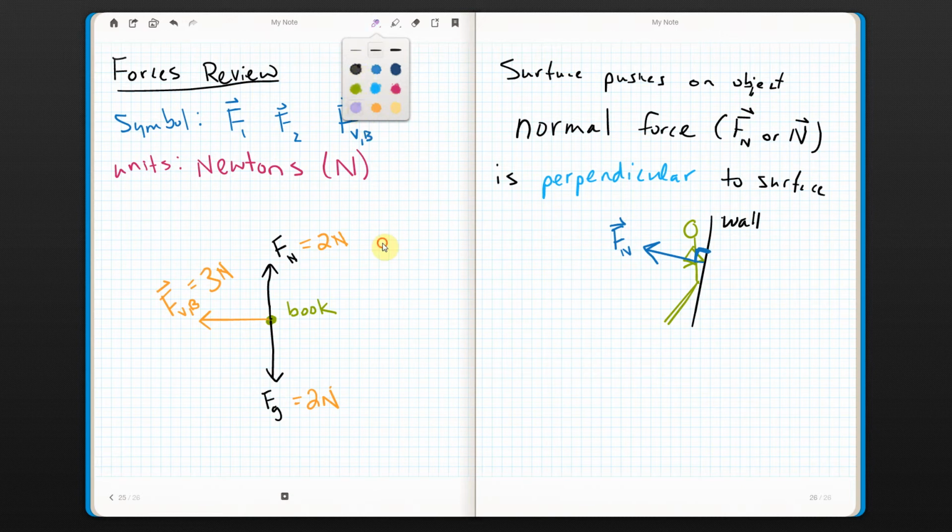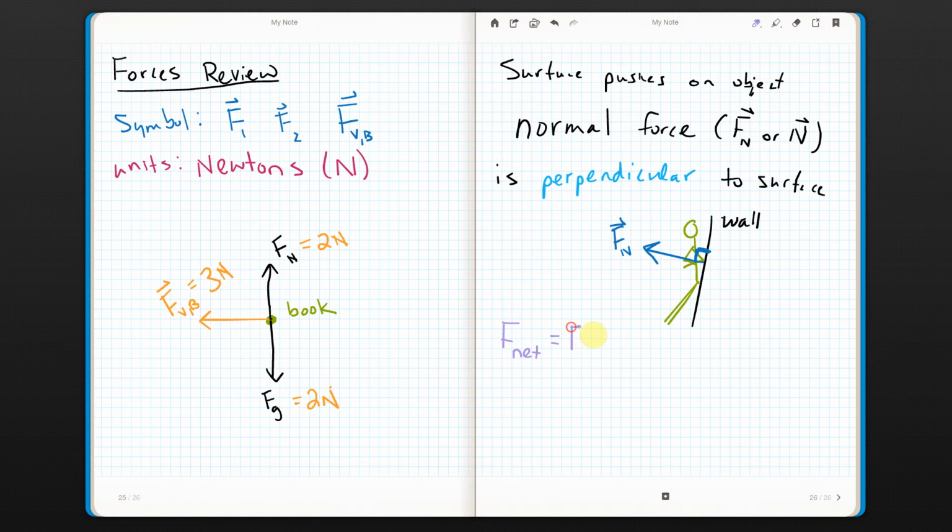So for example, F net is equal to the net force in the x direction as a vector plus the net force in the y direction as a vector. So I have to get each one separately.